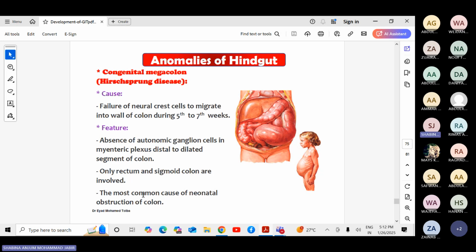This is one of the common causes of neonatal obstruction of the colon. You may get a patient with a distended abdomen, not able to pass the motion. It is called congenital megacolon, and another name is Hirschsprung's disease.